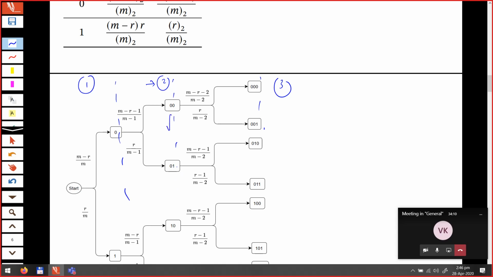Can you tell me what if I add these two probabilities? I will have a probability of this 0, 0 and I will have a probability of 0, 1. If I add these two, what will I get? The probability of what? Can anyone tell me? Which of these two does not change in this addition?